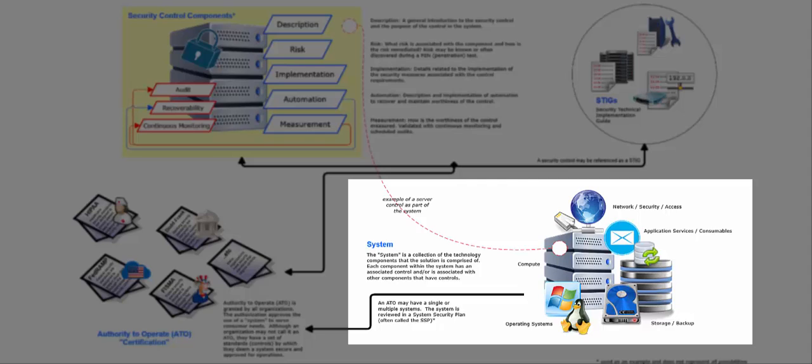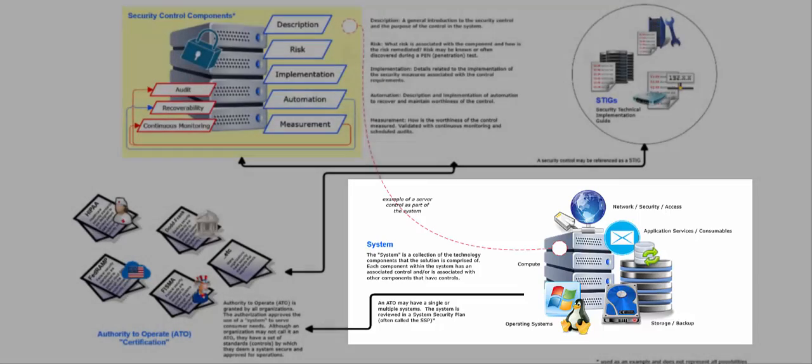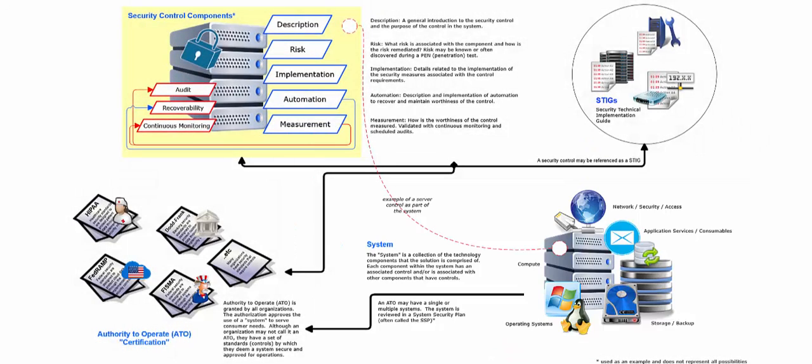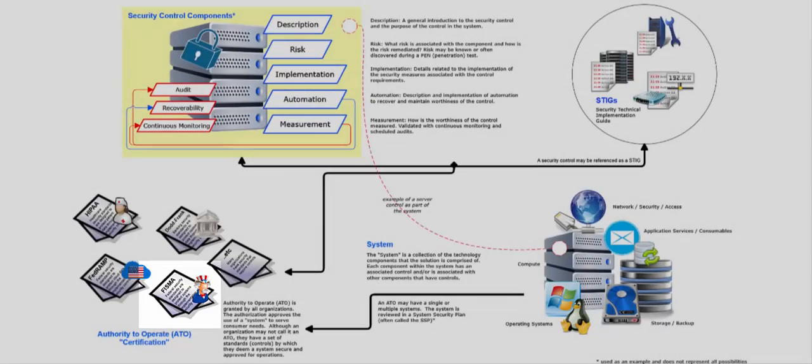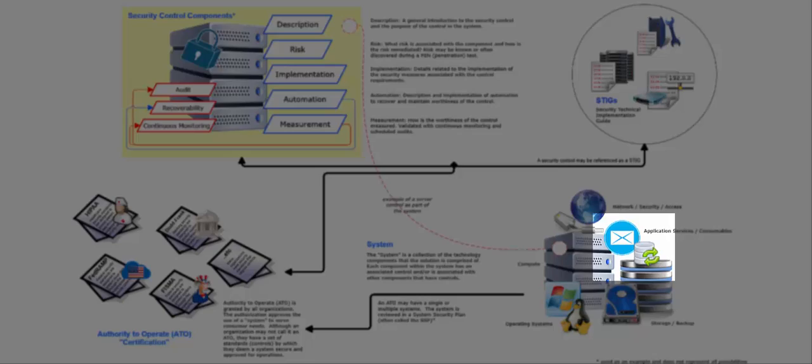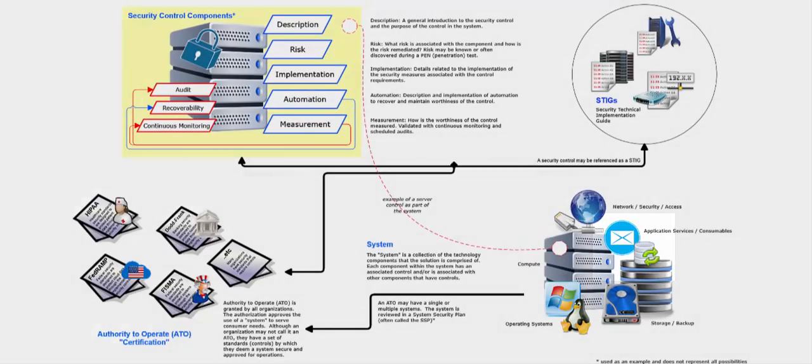We may say our system is going to provide email, period. And when you go to ATO, your ATO, for example, a FISMA ATO, it may be a FISMA moderate email ATO. Now, you could say, I want to have an email and a database in my ATO, so you'll combine multiple systems to make up a single ATO.